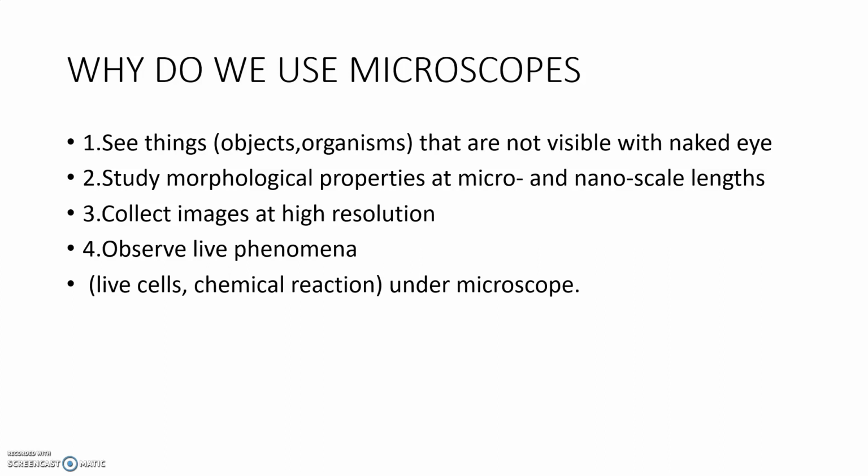The term microscope is derived from the Greek words mikron, M-I-K-R-O-N, meaning small, and skopein, meaning to look. So the microscope is an instrument for viewing objects which are too small to be seen with our naked or unaided eye.